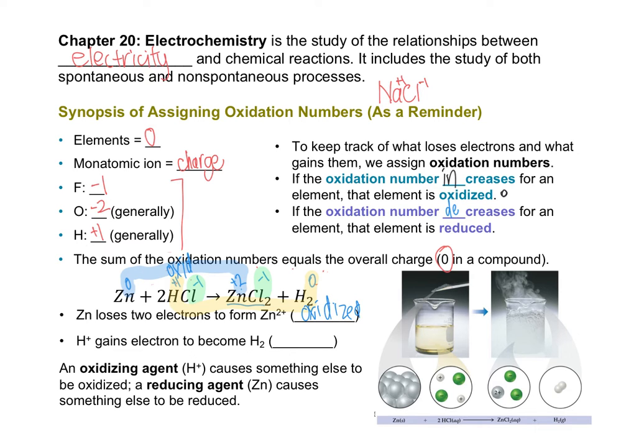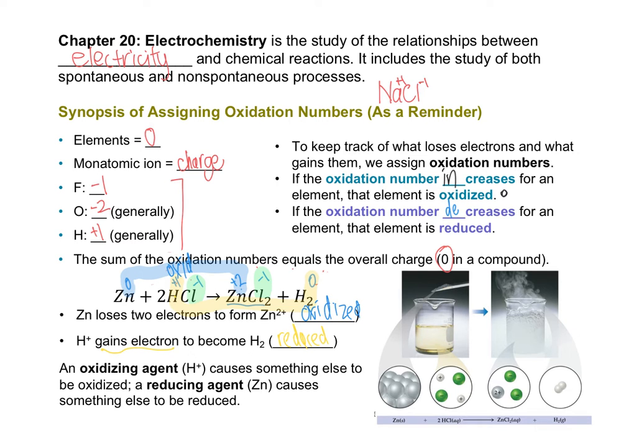So we would say that hydrogen here, it was reduced. So in order to be reduced, it goes from a +1 to a 0. So it had to gain an electron to decrease its oxidation number. So it gained an electron.